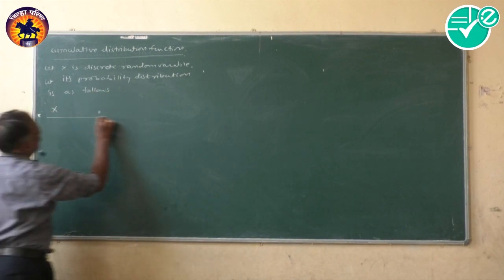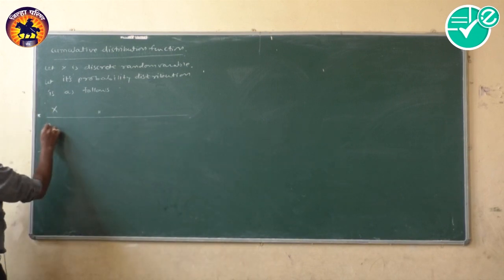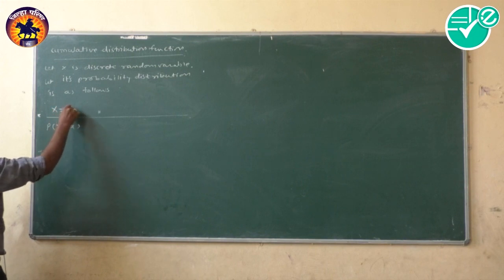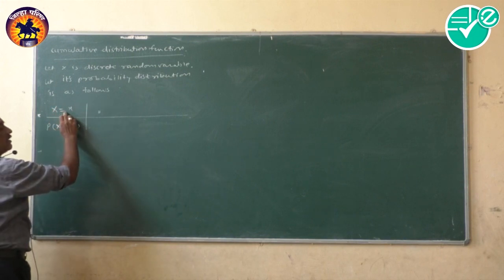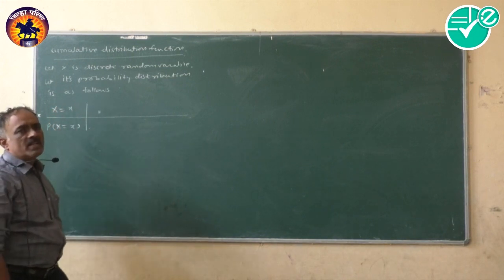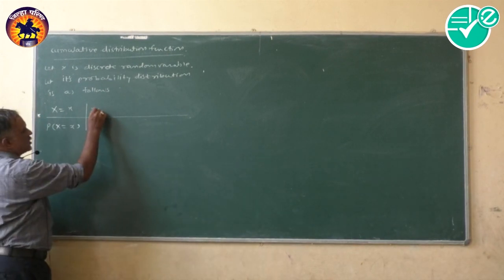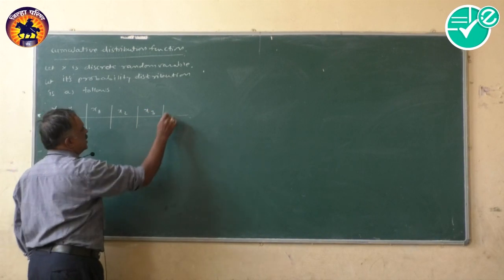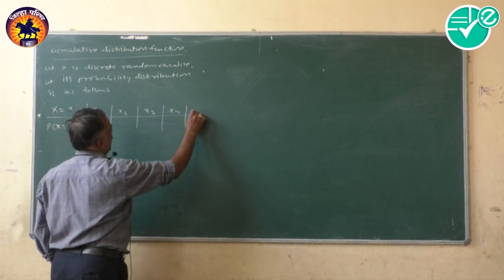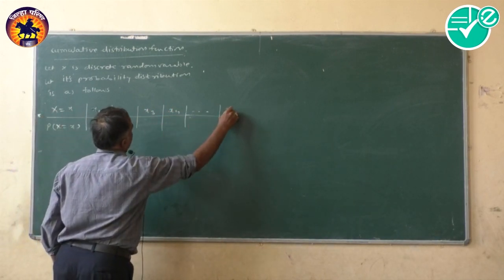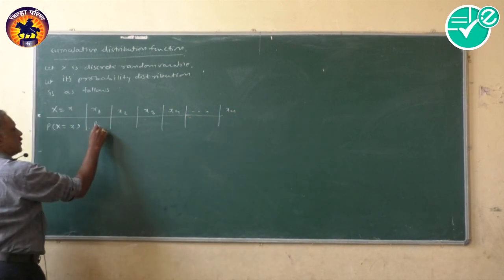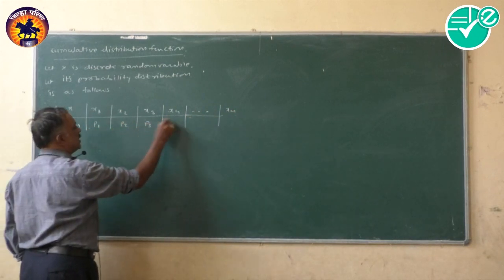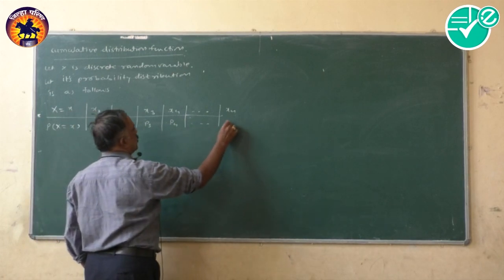Capital X and their probabilities, the probability that x assumes value small x. Suppose that the random variable capital X assumes the values x1, x2, x3, x4, and so on up to xn. And let their probabilities be p1, p2, p3, p4, and so on up to pn.